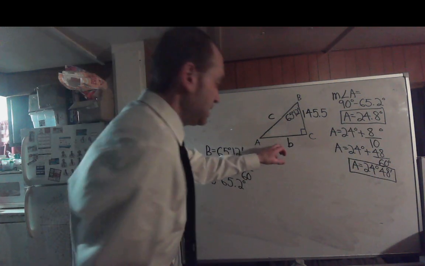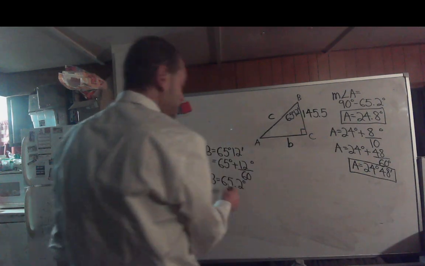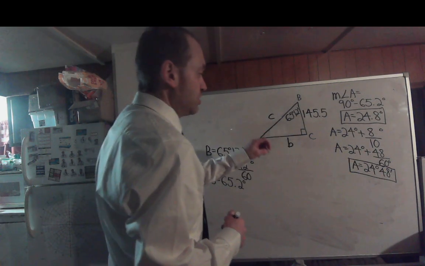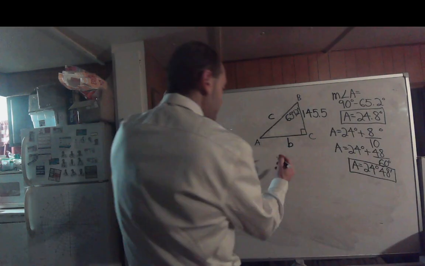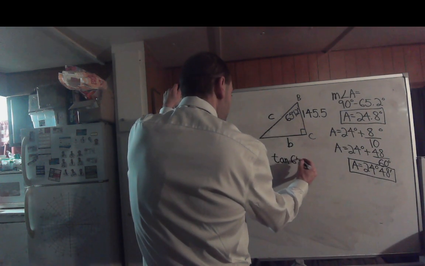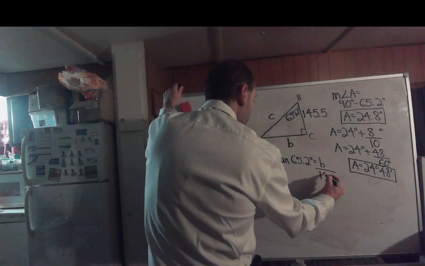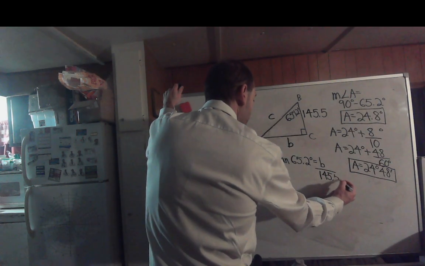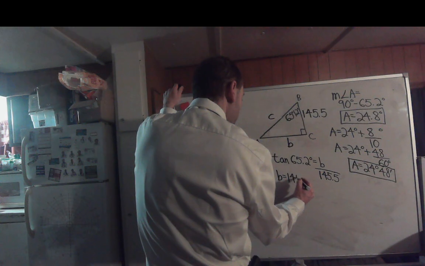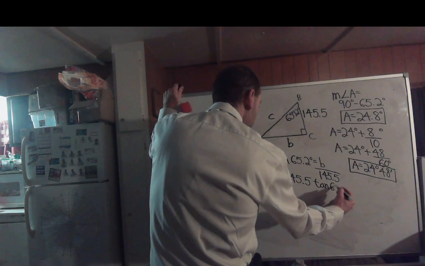Let's find side B. Let's stick with our original angle of that 65.2. Well, we know we can use the tangent ratio, which would be B to 145.5. So if we take the tangent of 65.2 degrees, that equals side B over 145.5 for your side. So B equals 145.5 times the tangent of 65.2 degrees.